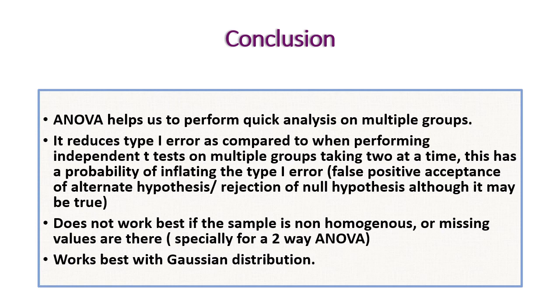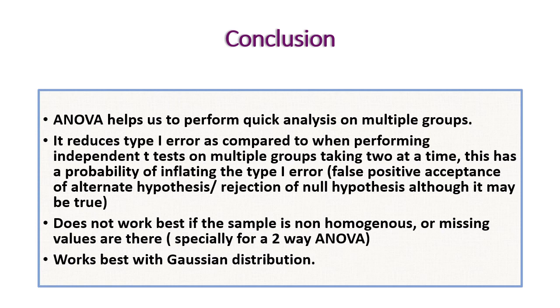The type 1 error is basically the error of false positive acceptance of the alternate hypothesis, or wrongful rejection of the null hypothesis. So with ANOVA, this type 1 error is greatly reduced, so it is always a better option to perform ANOVA over independent t-tests on multiple groups.